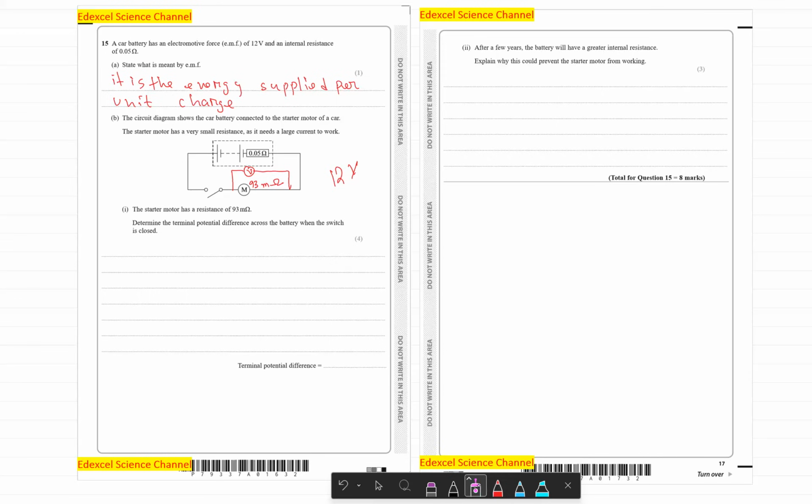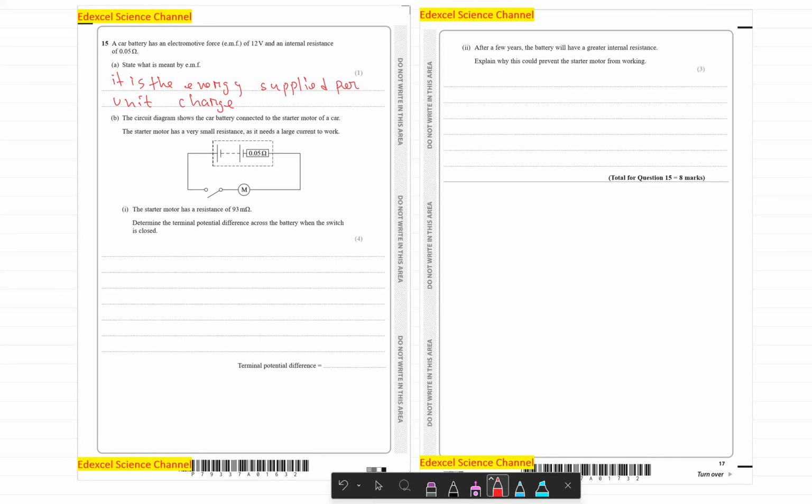The reason being is that the battery itself has some amount of resistance which will take some share of this electromotive force or the EMF. So the potential difference that is available in the circuit after the internal resistance has taken some of the volts, that is called the terminal potential difference.